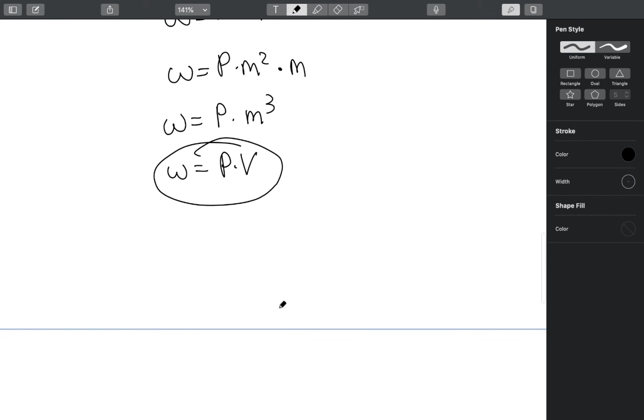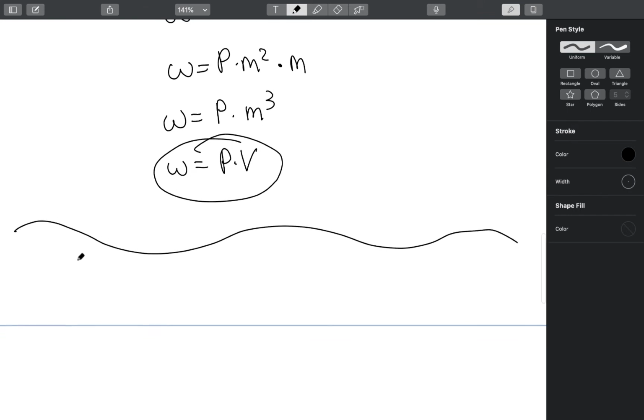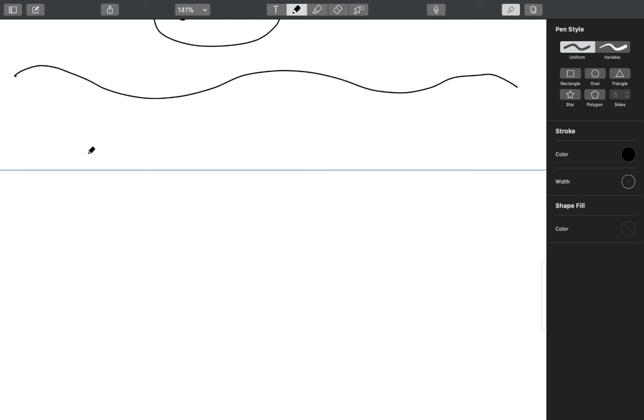Now let's show you the actual work equation for pressure-volume work. The actual equation is dW equals negative P external dV, where dV is the change in volume.